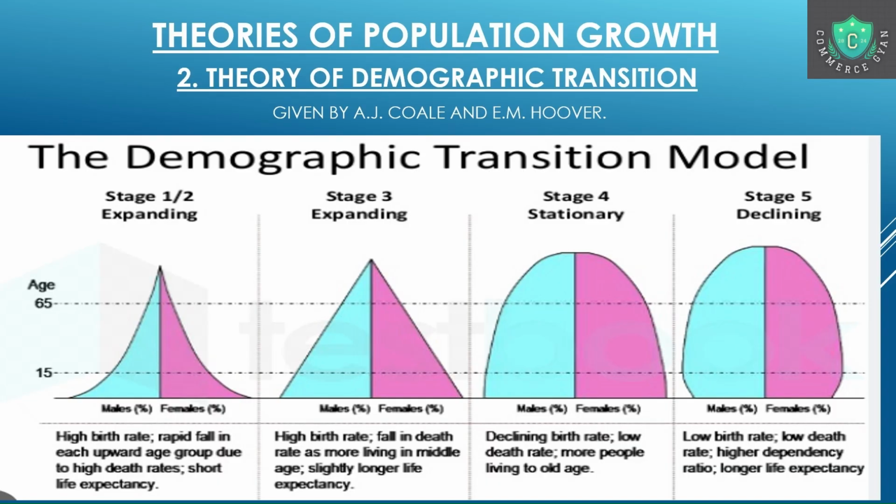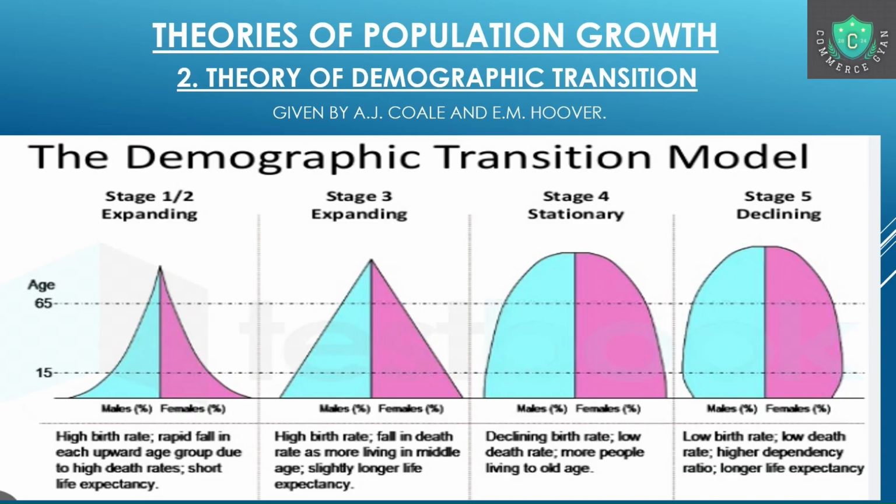Stage 5, declining, has low birth rate, low death rate, higher dependency ratio, and longer life expectancy. So basically both are low, birth and death, right? High dependency ratio means you will find more people in the older age group, because of longer life expectancy.